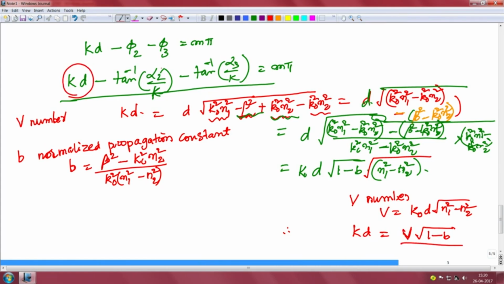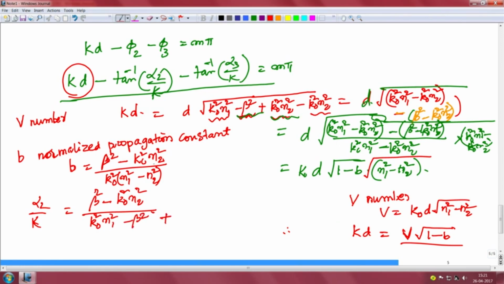Let us look at tan inverse alpha 2 by k. So, alpha 2 by k can be written as follows in terms of V number and b. So, we have got the V number definition to be like this. Alpha 2 by k can be expressed as beta square minus k0 square n2 square according to the definition, divided by k, where the definition of k is k0 square n1 square minus beta square. So, I will add and subtract.